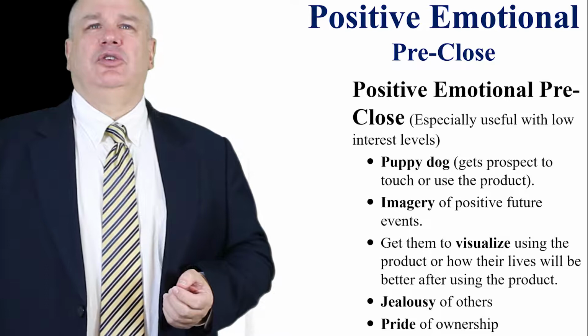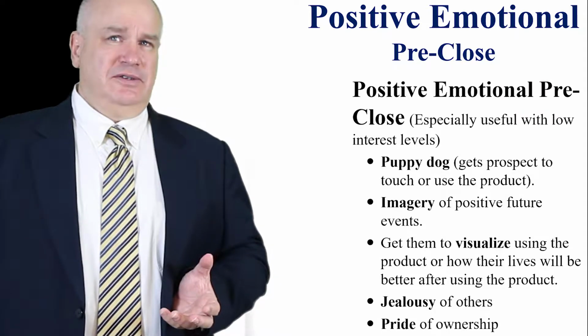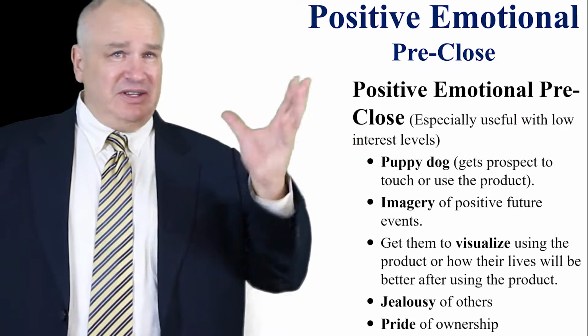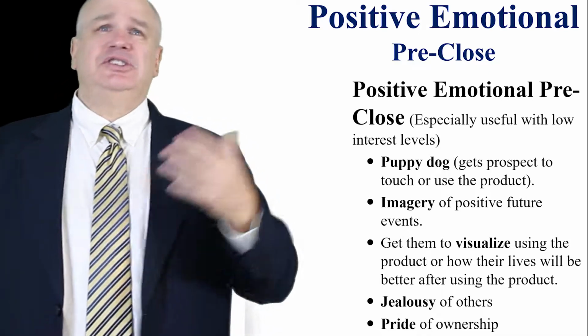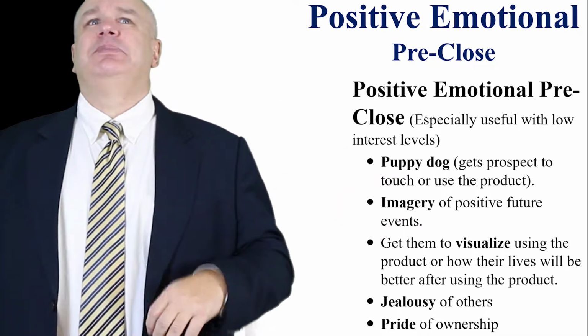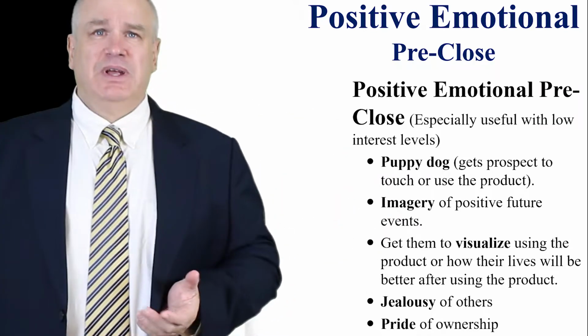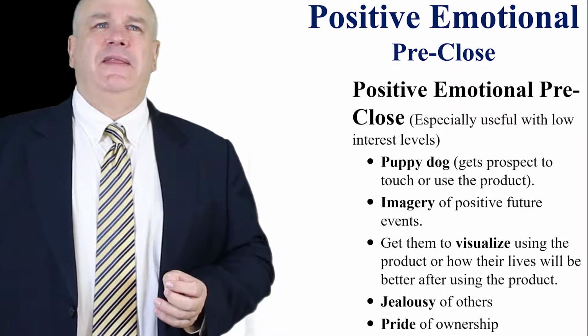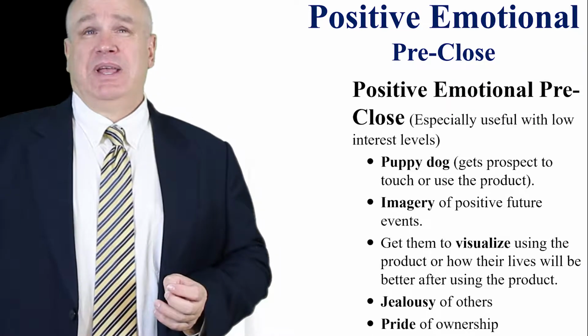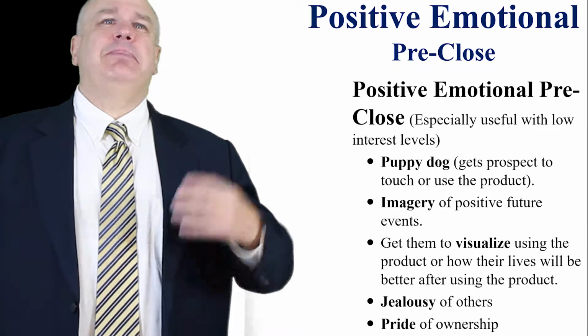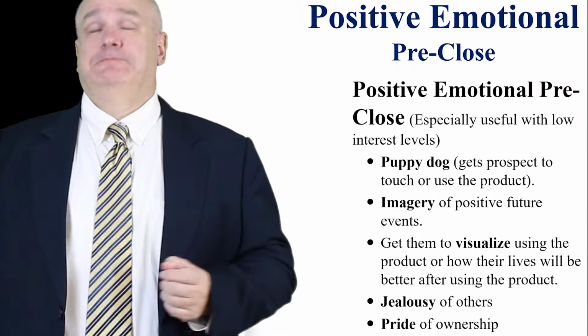Positive emotional pre-closes use free trials, visualizations of future benefits, pride of ownership, and the jealousy of others to elicit interest before finalizing the transaction. The puppy dog is based on the pet store free trial tactic that allows the customer to take the puppy home for free for the weekend.